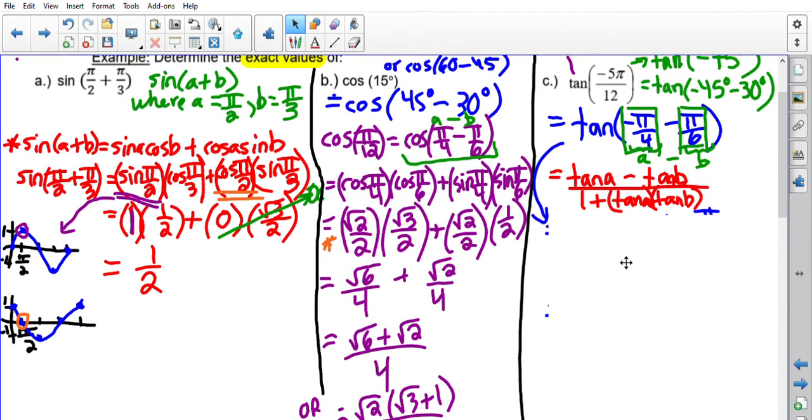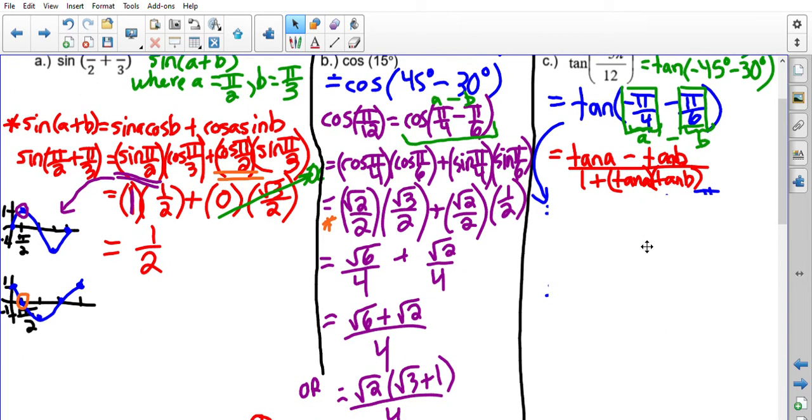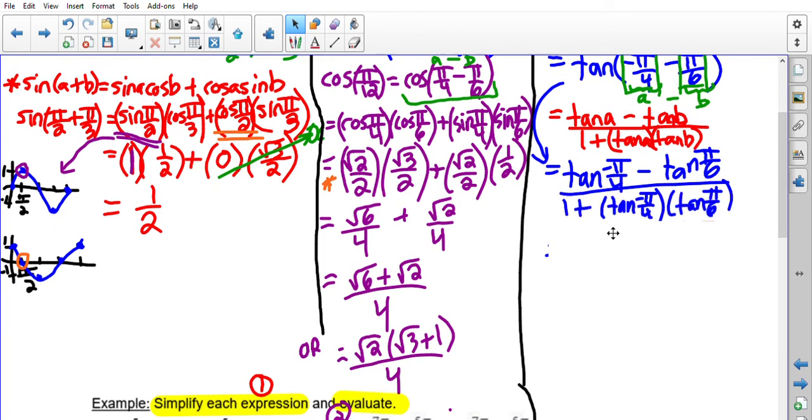All right, so just a reminder here in red, here's our formula for tan of A minus B. Okay, so we're going to plug this in now. So that's going to be tan of negative pi over 4 minus tan pi over 6 divided by 1 plus tan of negative pi over 4 times tan pi over 6.